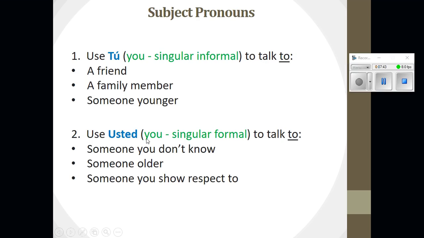Use usted, you, singular, formal, to talk to someone you don't know, someone older, or someone you need to show respect to. So for number 2 on your note guide, write that usted means you, and it's singular, formal. Okay, so both of these are examples of when you're talking to someone, you want to say you. Tú would be used as informal or familiar, and usted is formal.